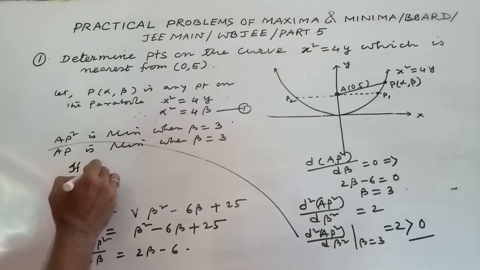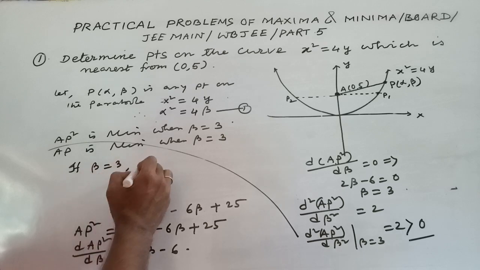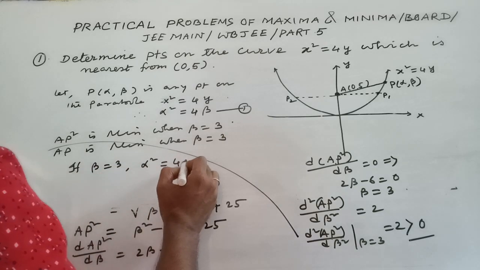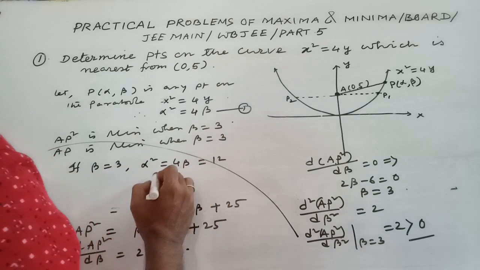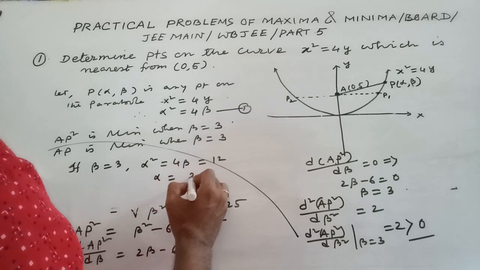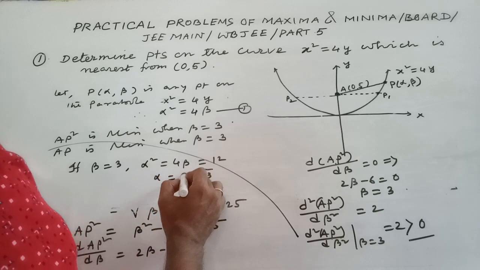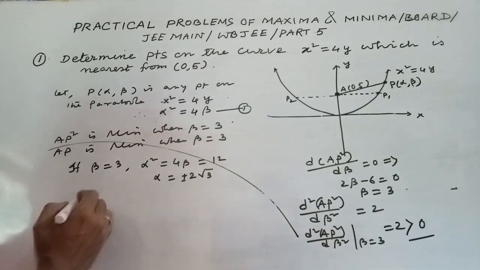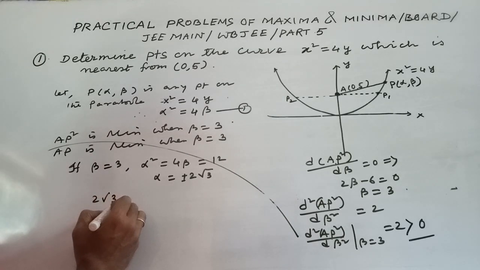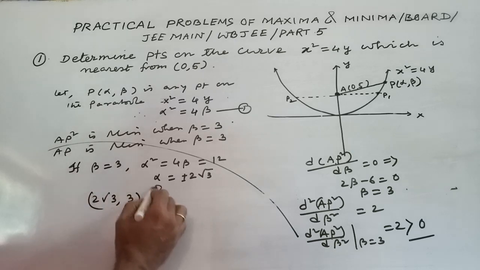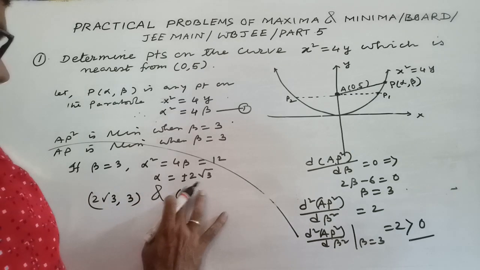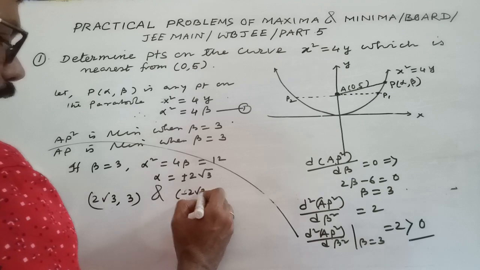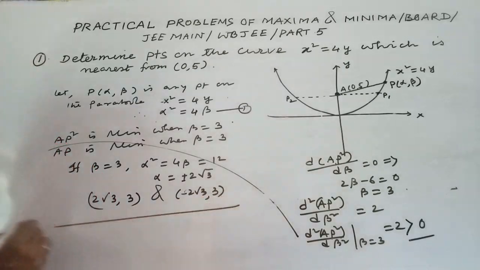Now what is the point? If beta equals 3, then alpha square equals 4 beta, which is 12, so alpha equals plus minus 2 root 3. So the points are (2 root 3, 3) and (minus 2 root 3, 3).